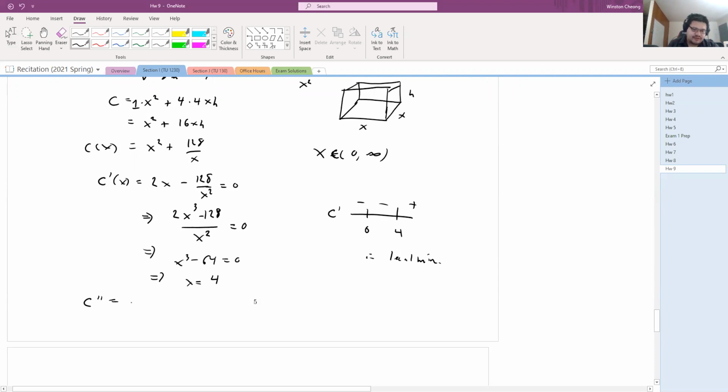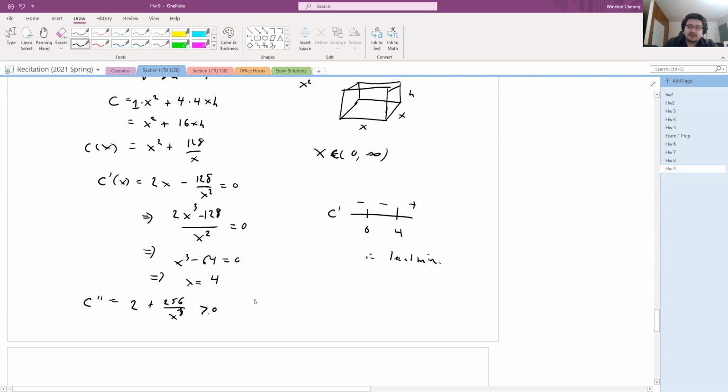If I take the next derivative of this, the sign is going to change again for this other term. So I'm going to get 256 over x cubed. And the key thing here is that this is always positive. Well, for x being a positive number, this is always going to be positive.